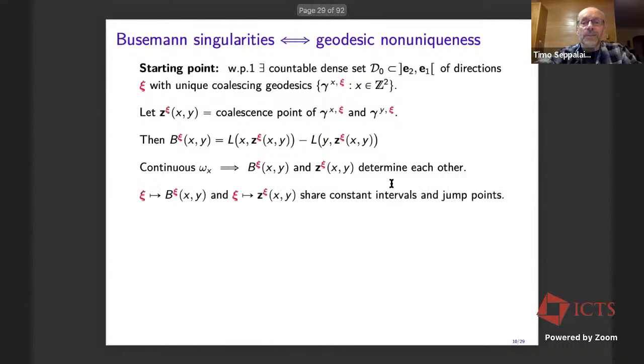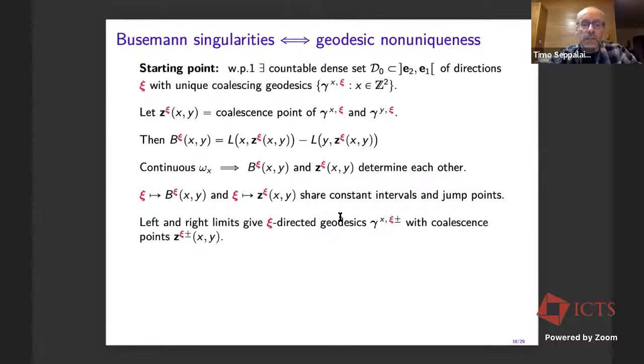And now, in particular, these two functions of xi on the left and on the right share their constant intervals and the points where they jump. So now, since I know that the b xi is a nice jump function, a nice function that is constant and then has left and right limits, I can start taking left and right limits from my good directions.